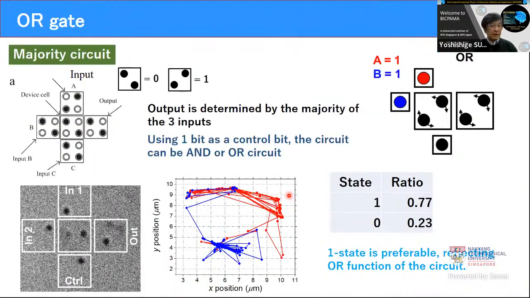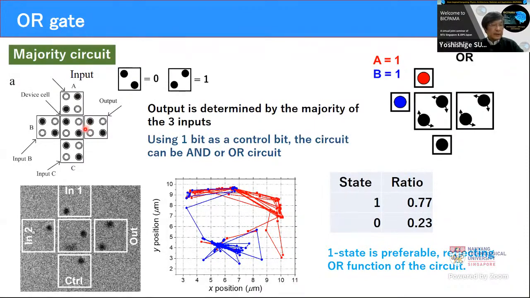This is the final slide. This slide shows an example of a device based on the Skyrmion cellular automata. If we place three inputs around one box, the output will be determined by the majority of the inputs. Therefore, the device works as a majority gate.